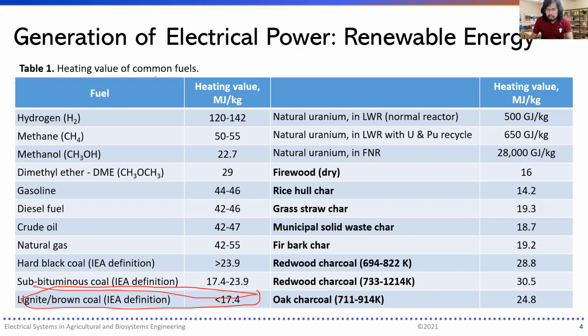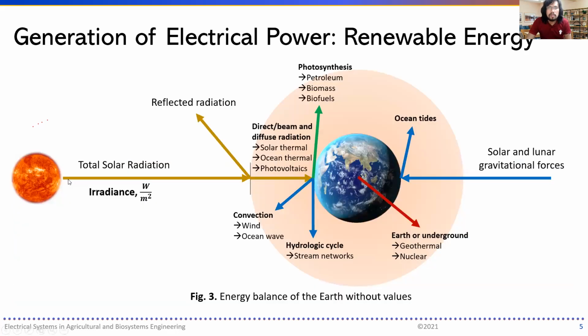The next discussion will focus on generation and distribution. But before the discussion is ended, we have here a presentation on the completion of the energy cycle earlier shown, just to show the complete energy balance, not in figures or values, but just in concepts.